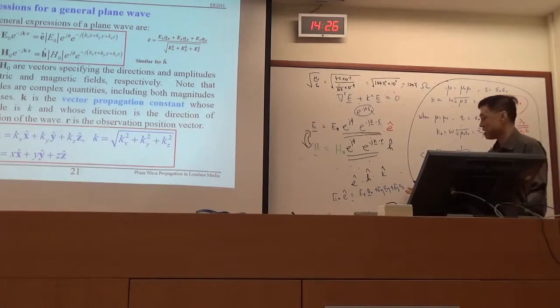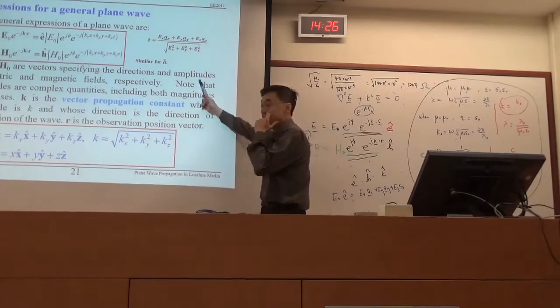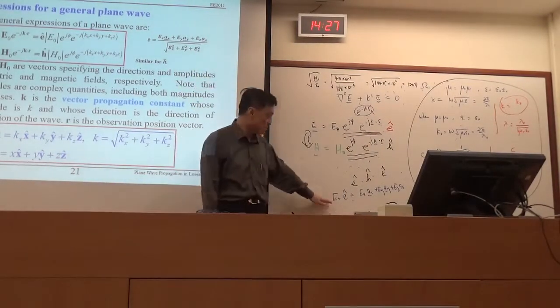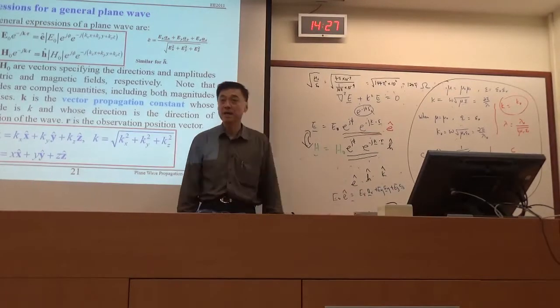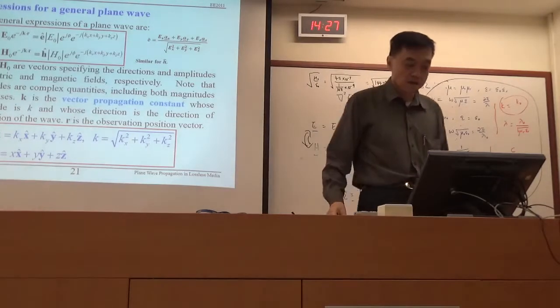But again, all these magnitudes we don't know. You have to depend on what the questions give you. And then the unit vector E is just equal to the vector itself divided by the amplitude. Vector divided by amplitude.